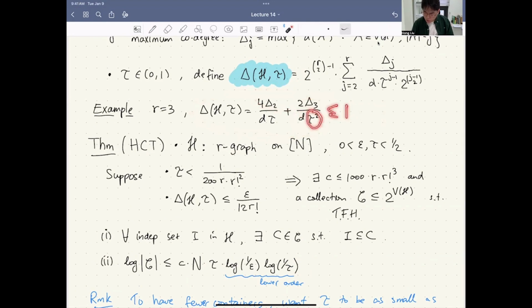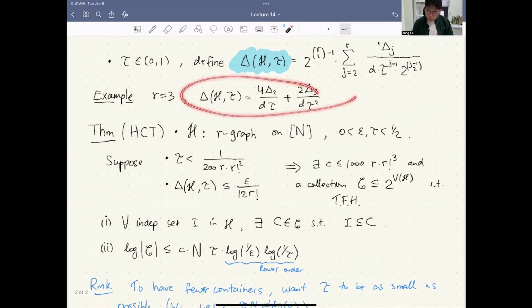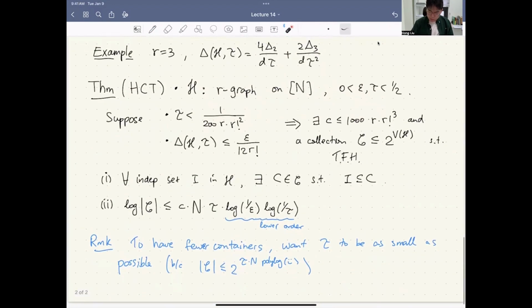Here, this is smaller than something, which means tau squared must be bigger than something. So we have to solve these to find the minimum tau satisfying this condition on the codegree.